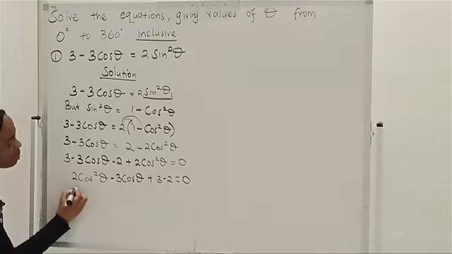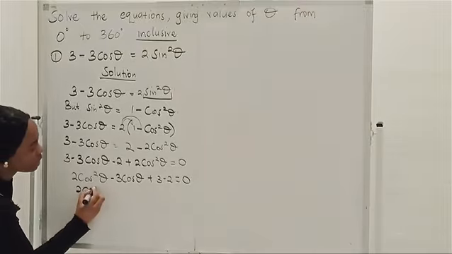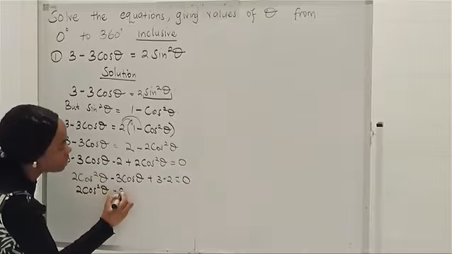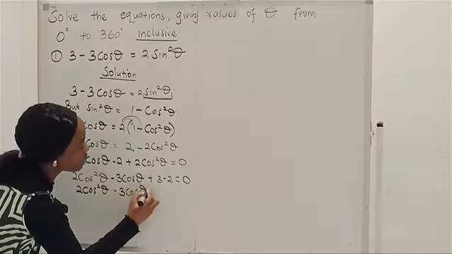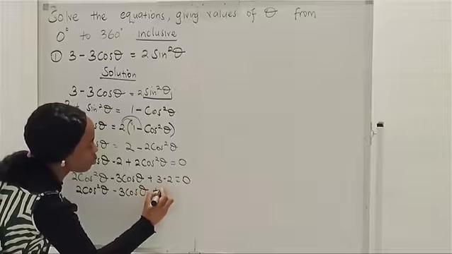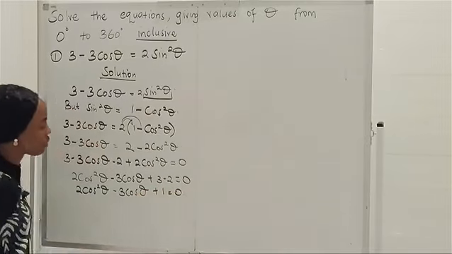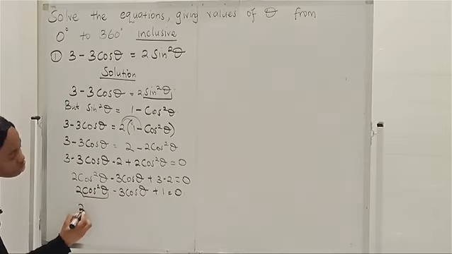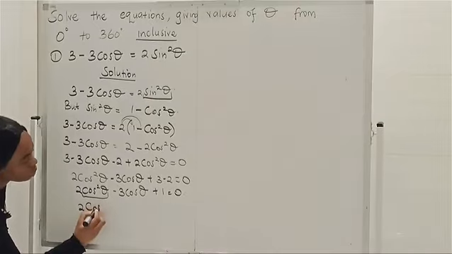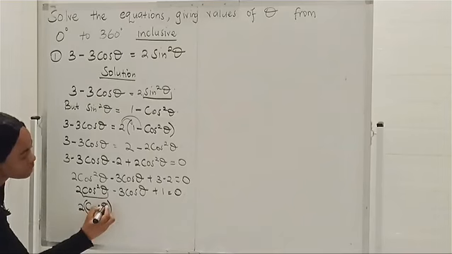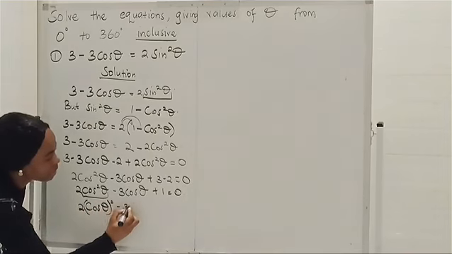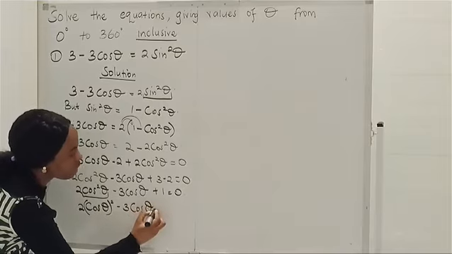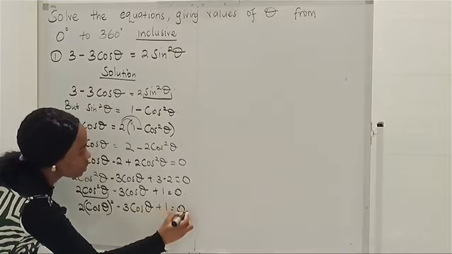Now this is 2 cos squared theta minus 3 cos theta plus 1 is equal to 0. Now I can write this as 2 times cos theta quantity squared minus 3 cos theta plus 1 equals 0.